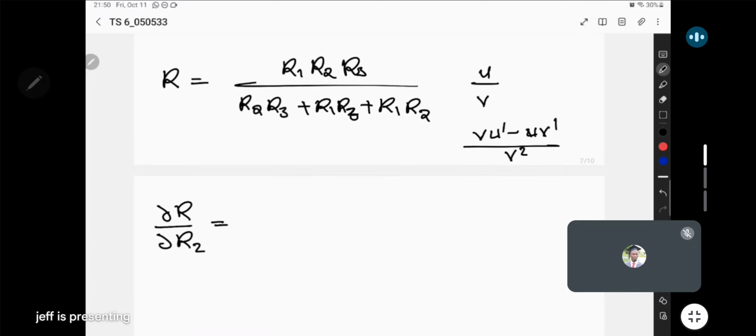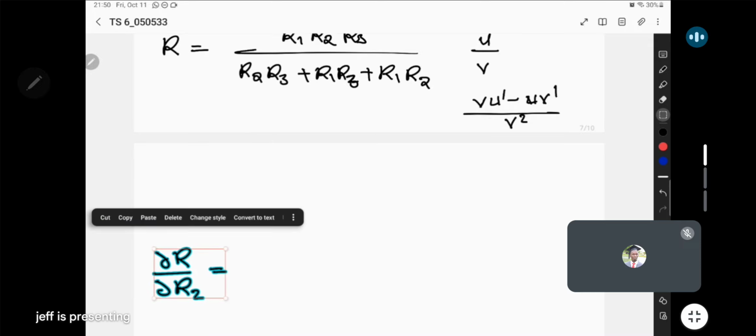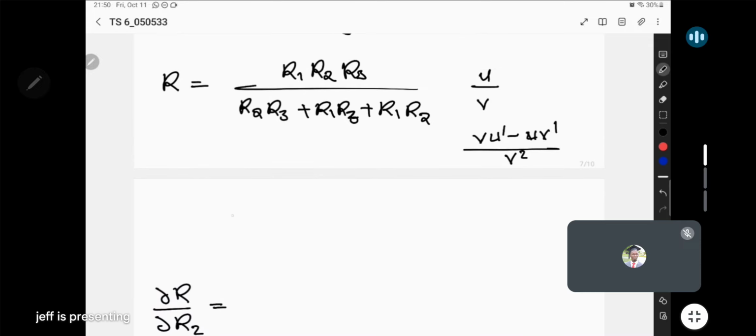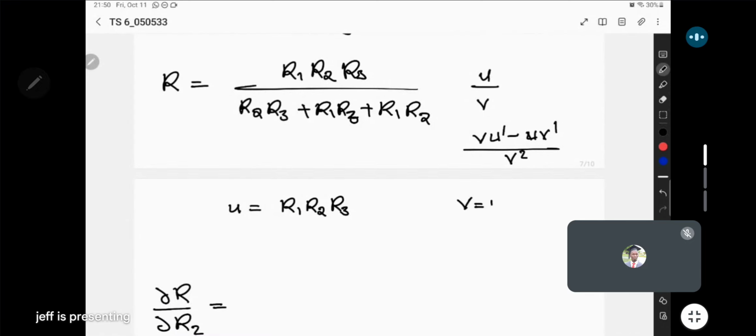So how are we going to do it? So first, identify what u is. u is the numerator. So our numerator, u, will be equal to R1, R2, R3. And our v, the denominator, will be R2, R3, plus R1, R3, plus R1, R2.